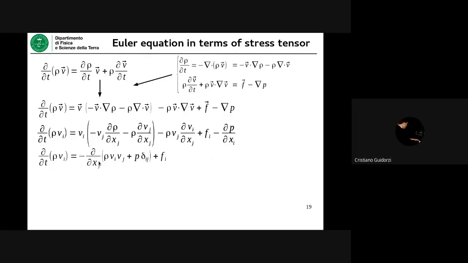So it's a divergence of what? Here you have something which has two indices, so it is a tensor. It is a rank 2 tensor because it is built by joining two vectors, two rank 1 tensors. It behaves like a rank 2 tensor.